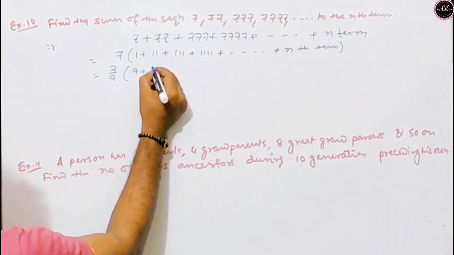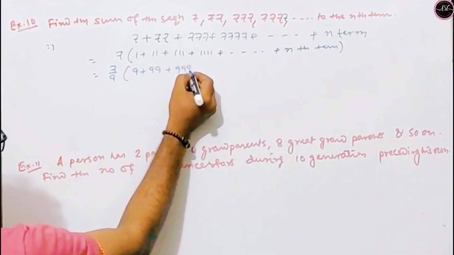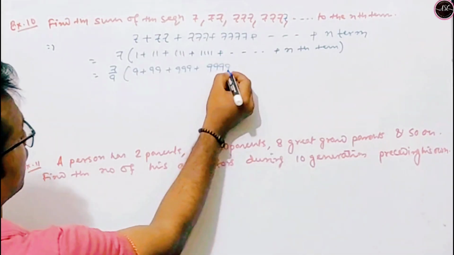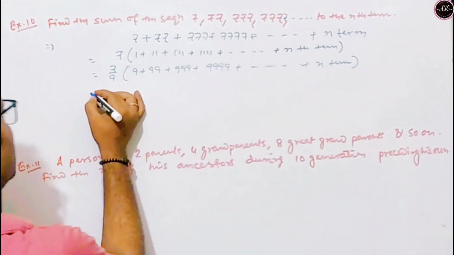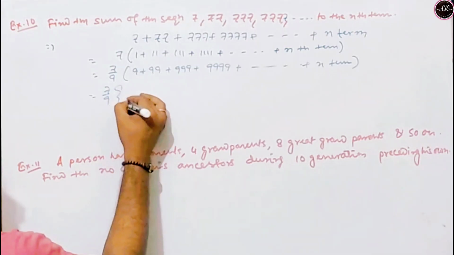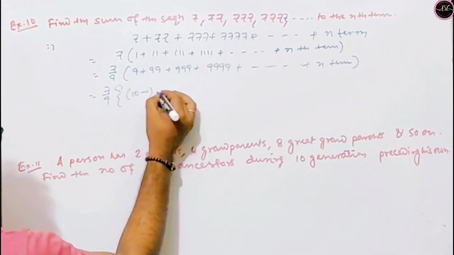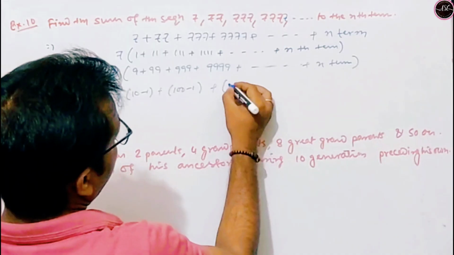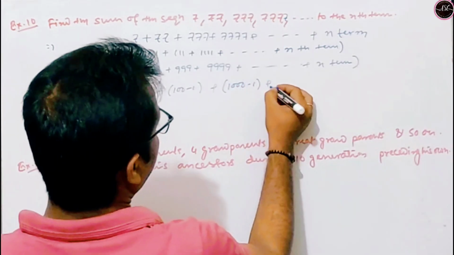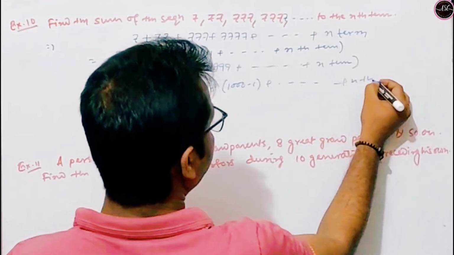We get 9 plus 99 plus 999 plus 9999 plus dot dot up to n terms. Now 9 we can write as 10 minus 1, 99 equals 100 minus 1, 999 equals 1000 minus 1, up to the nth term.